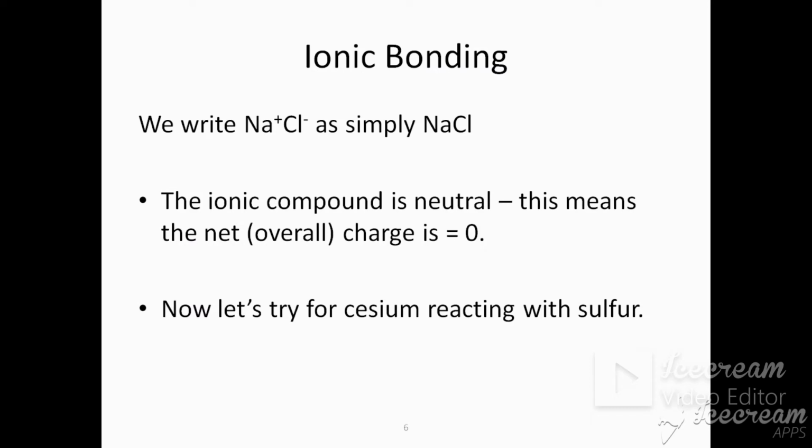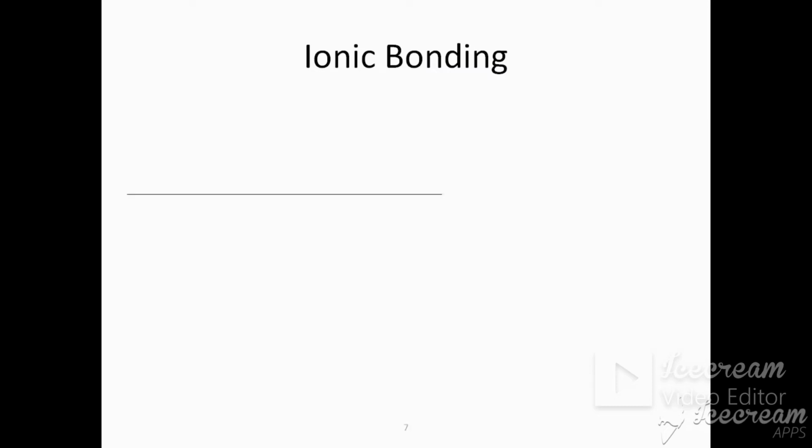Now let's try cesium reacting with sulfur. Ionic bonding. Cs becomes Cs+ plus 1e-, and S plus 2e- becomes S2-.